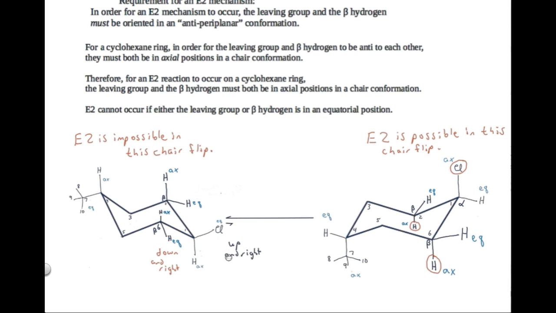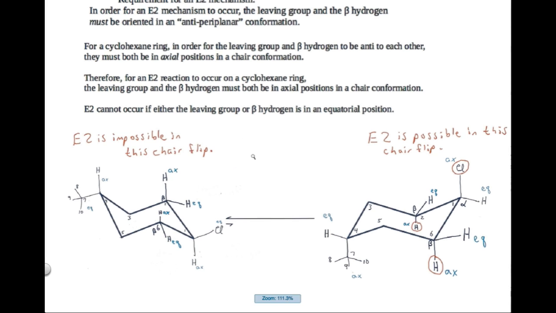Well, down and right is not 100% anti to up and right. So again, this chlorine is not anti to that hydrogen. I hope this is making sense to you. But you could also just memorize that E2 requires both the leaving group and the beta hydrogen to be in axial positions. E2 can't occur if either the leaving group or beta hydrogen is equatorial. I tried to illustrate why that is, but also you can just memorize that fact.